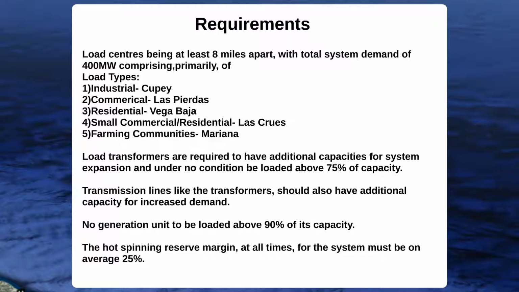Transmission lines, like the transformers, should also have additional capacity for increased demand. No generation unit is to be loaded above 90% of its capacity. The spinning reserve margin at all times for the system must be on average 25%.